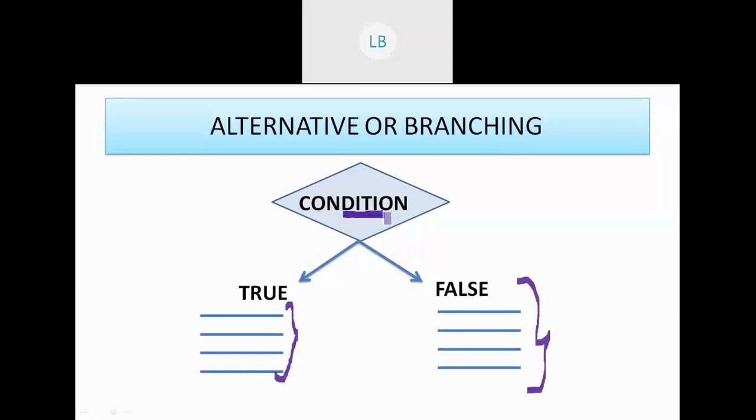If the condition is true, the true block will be executed, ignoring the false block. If the condition is false, the false block will be executed, ignoring the true block. These statements will not be executed. Any one block will be executed depending on the value of the condition. Okay, this is the branching structure.